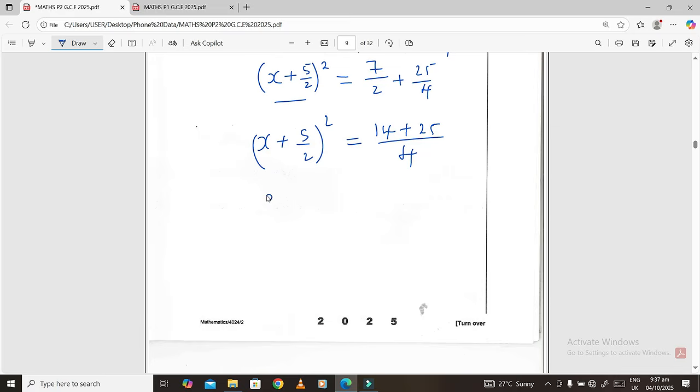So this is x plus 5 over 2 power 2 is equal to, when we add 14 plus 25, it's giving us 39. So this is 39 over 4.